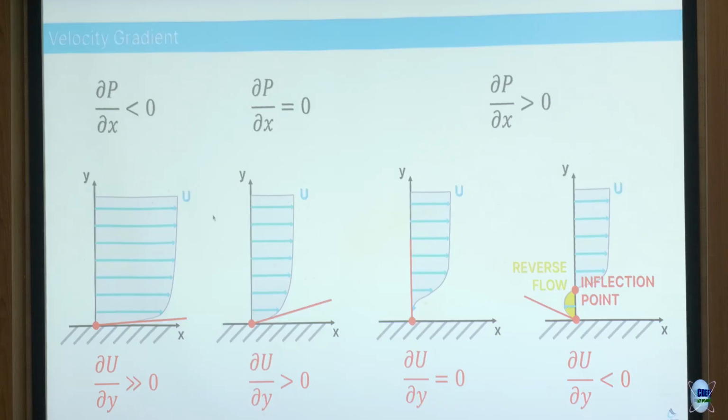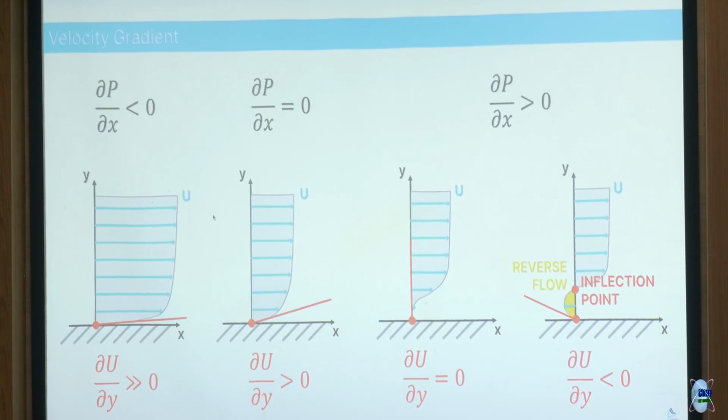If the pressure gradient in the horizontal direction is positive or 0, as in the case of the flat plate, then the velocity gradient. Okay, so this is the next thing that we would like to discuss. Actually, this illustration is pretty good here, and this is going to be the same sort of argument that we just used to obtain the boundary condition at the very top, which is written here.